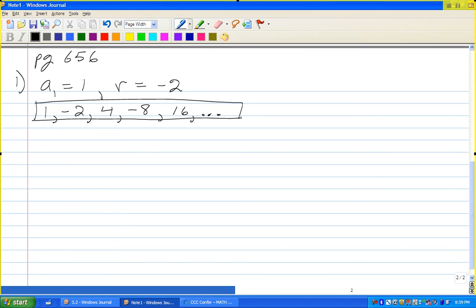Let me do problem number 3. The first term is -2 and the common ratio is 3.